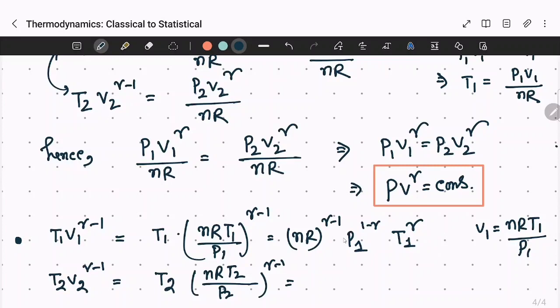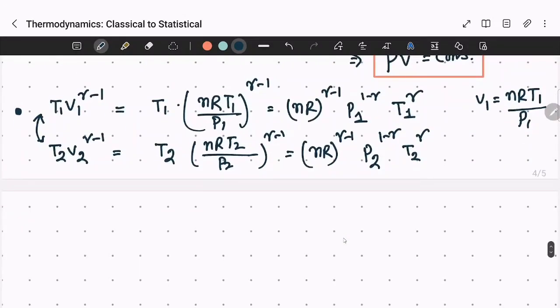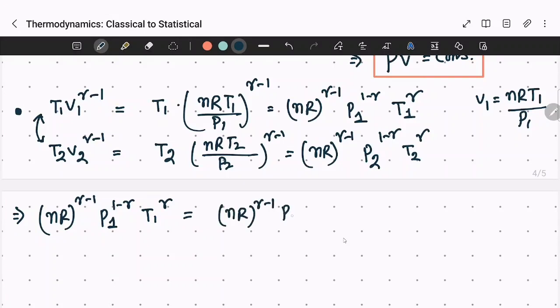So it is nR to the power gamma minus 1, P2 to the power 1 minus gamma, T2 to the power gamma. And again, these two are the same, so you can equate them. If you equate, then you get nR to the power gamma minus 1 into P1 to the power 1 minus gamma, T1 to the power gamma, essentially equals nR to the power gamma minus 1, P2 to the power 1 minus gamma, and T2 to the power gamma.